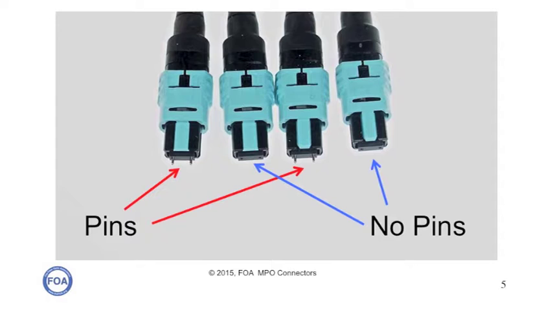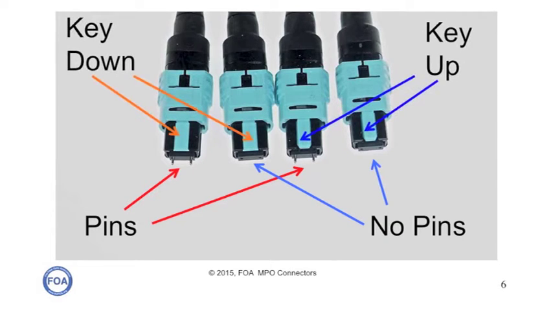And those two can be mated to each other and align the fibers using the pins. The second option is the key. The key can be on the top or the bottom, what we call key up or key down, and the keys determine which way the connectors mate. So the pins do the alignment, the keys do the mating.